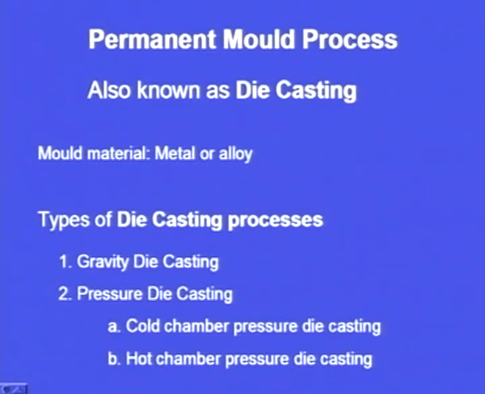In the case of the hot chamber pressure die casting machine, the furnace is an integral part of the machine. We do not have to carry the molten metal from a furnace which is far away from the die casting machine. So, this is the difference between cold chamber and hot chamber die casting machines.